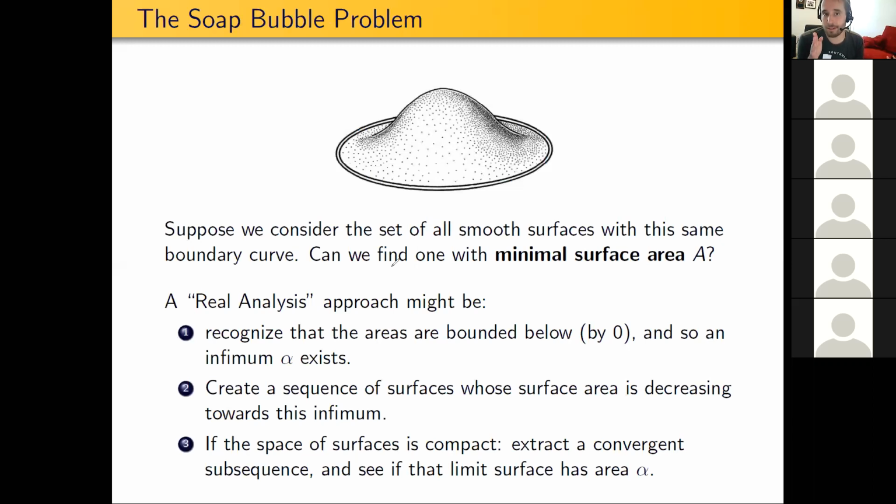You can't have less than 0 surface area. So they're definitely bounded below by 0. And therefore, some infimum value, some greatest lower bound, must exist out of all of the areas A. That's true by real analysis, because these are just real numbers that we're talking about.